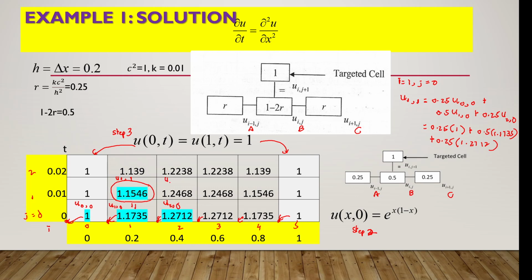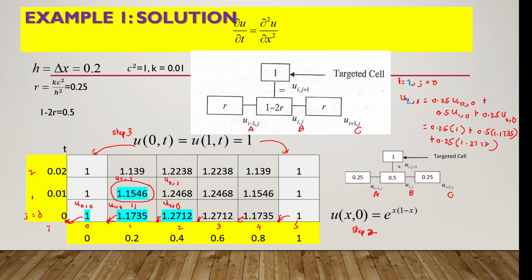Because later on, when you want to calculate U2, this is X is 2. When you want to calculate U21, yeah, no place to write. I just change color because no space to write. When you want to calculate U21, the I becomes 2.